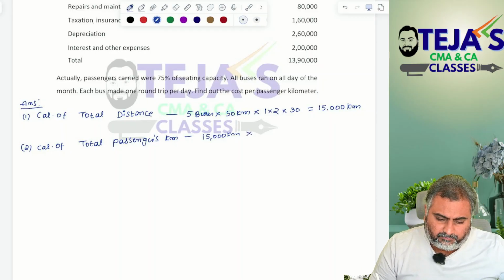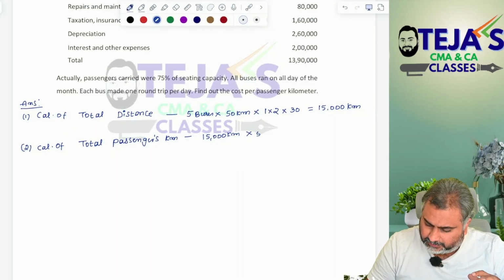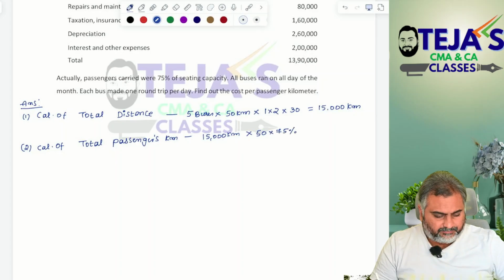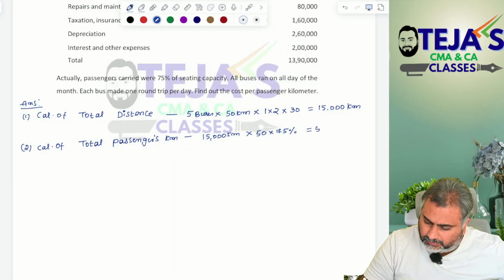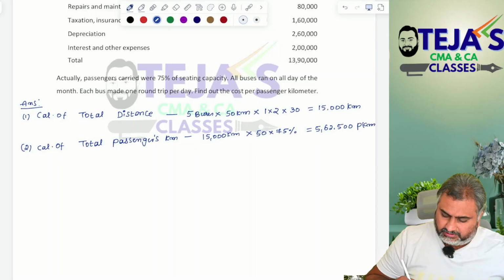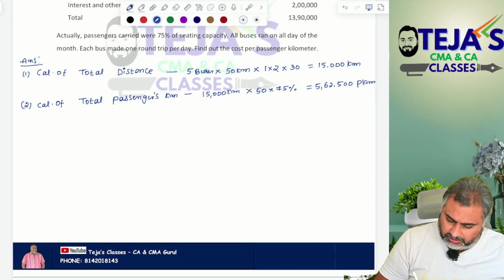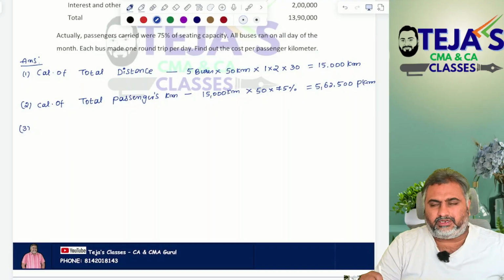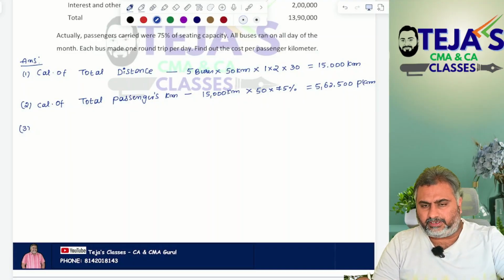How many passengers are there in the question? 50 passengers, but occupying capacity is only 75%. So 15,000 into 50 into 75% equals 5,62,500 passenger kilometers. In the third step, we need to calculate the total operating cost.